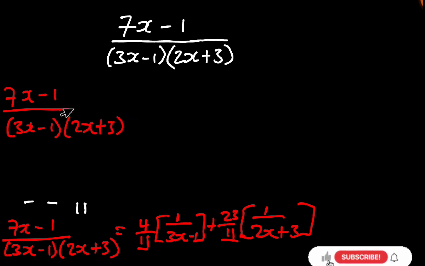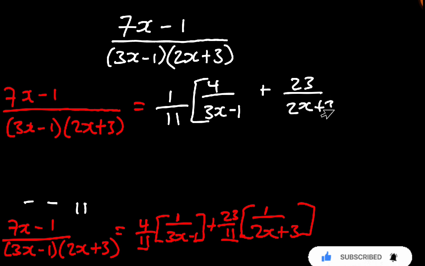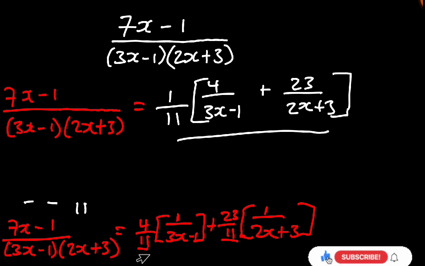Now this is going to be equal to, let's factor out 1 over 11. We have 1 over 11. Now we are going to be left with 4 divided by 3x minus 1, then plus 23 times 1, which is 23, divided by 2x plus 3. Then we close these two brackets. So this is equal to this.